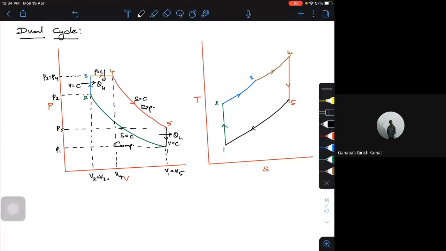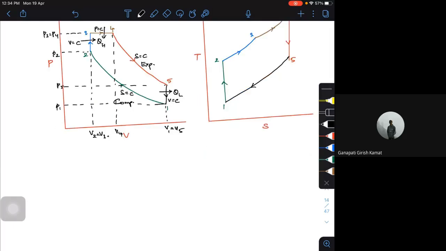Now, already we have defined the compression ratio. Compression ratio Rc is equal to V1 by V2, looking only at the compression process from V1 to V2.